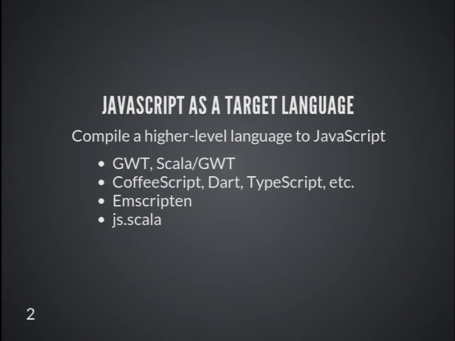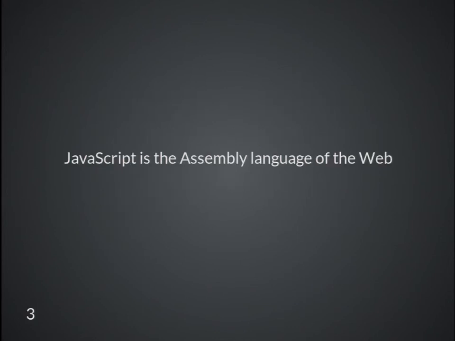Emscripten, which compiles C and C++ to LLVM to JavaScript, a kind of weird thing. JScala, a DSL to embed JavaScript trees in Scala. Well, it's all over the place, and that's why I dare to say that JavaScript is now the assembly language of the web. Some people will disagree, I know, but I believe it is true.